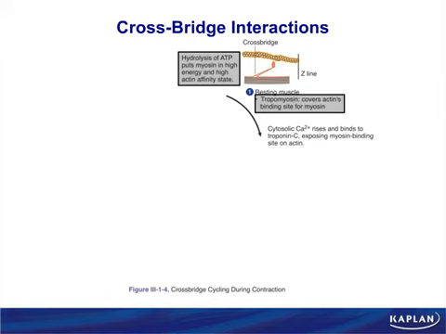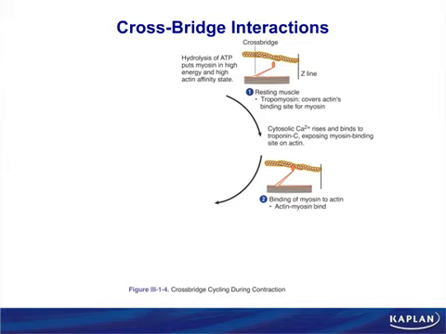Again, tropomyosin is interspersed with troponin, and we have low calcium, so tropomyosin is covering the binding site. Once cytosolic calcium rises, it will bind to the troponin C. This will roll the tropomyosin-troponin complex out of the way. Tropomyosin will no longer cover the binding site on actin for myosin.